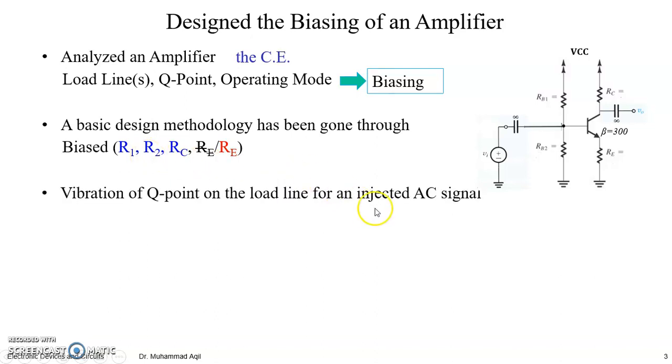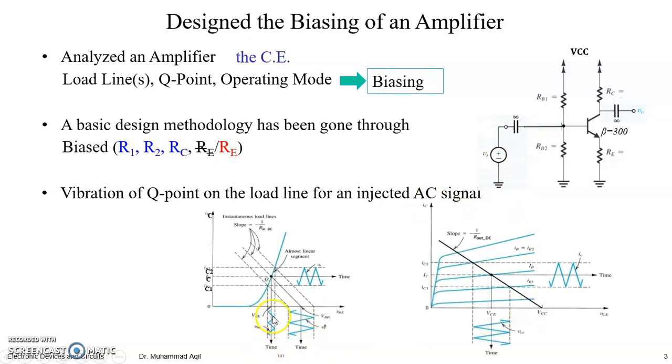And we know that once we have biased a transistor, it should be stable. But the Q point or these parameters should fluctuate for an input AC signal to provide the output amplification, right? So it means the Q point needs to be vibrating for an injected AC signal at the base to emitter side, because we are talking about a common emitter amplifier.